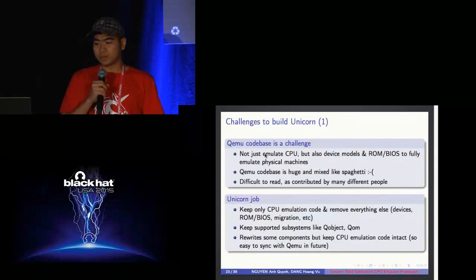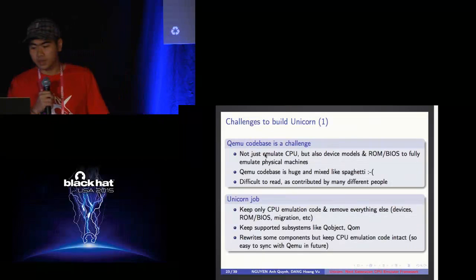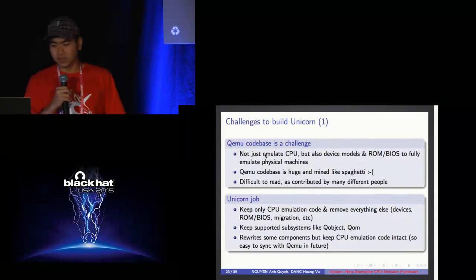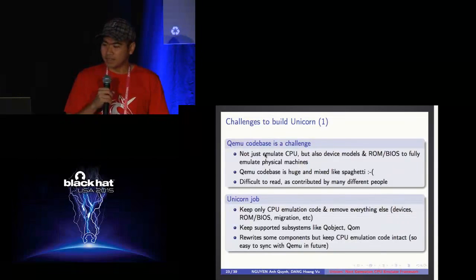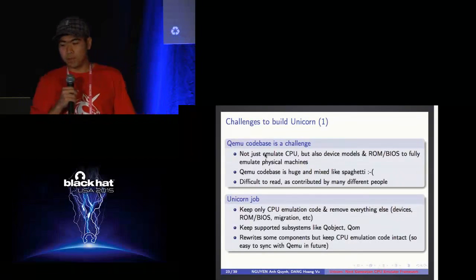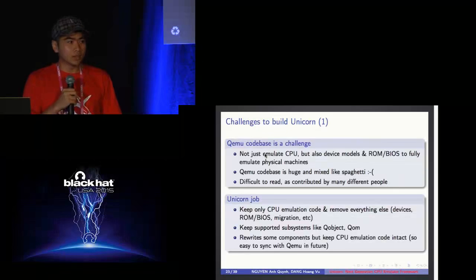We need to keep supporting all the subsystems that they have that are really integrated deep inside each architecture, like the Q objects. It's just like emulating some C++ class. And then we need to rewrite some of the components to keep this CPU component code intact. Why?